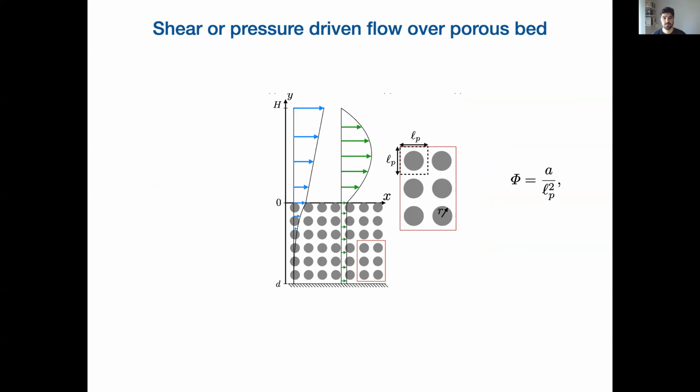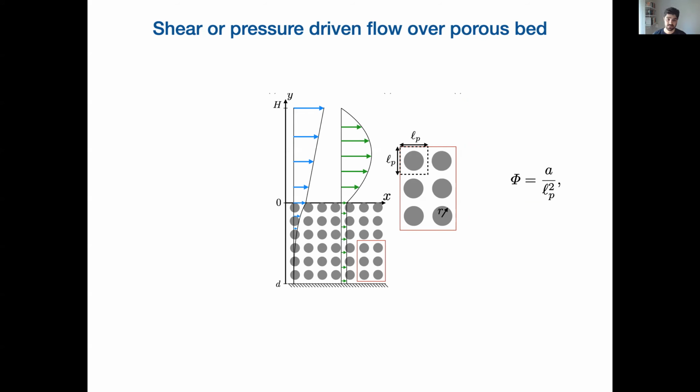So what we do is we take a very simple model problem where we have a porous bed. It could, for example, be a 2D bed consisting of these circles. And we drive the flow over this porous bed, either with a shear, so we have a plate at the top of this domain, which has a constant velocity, which creates a constant shear and a linear velocity profile, which is shown here with blue arrows.